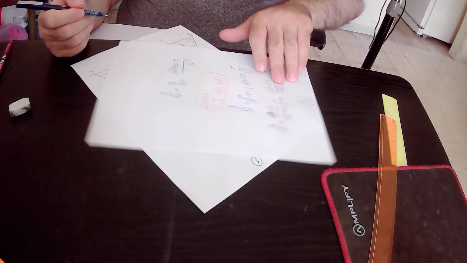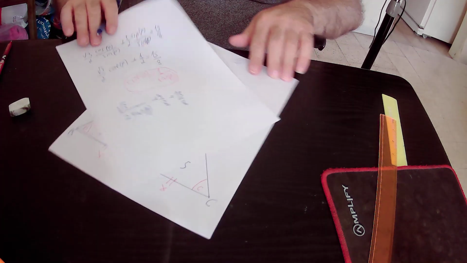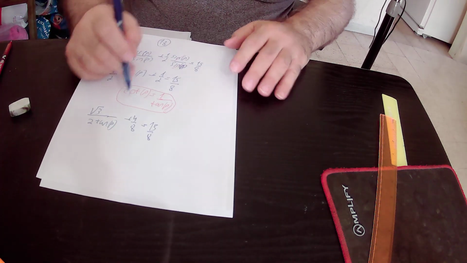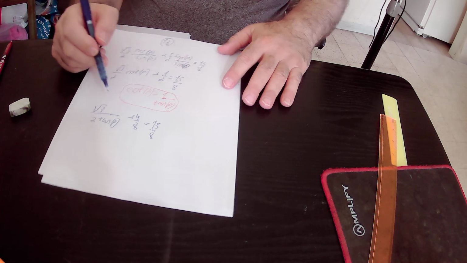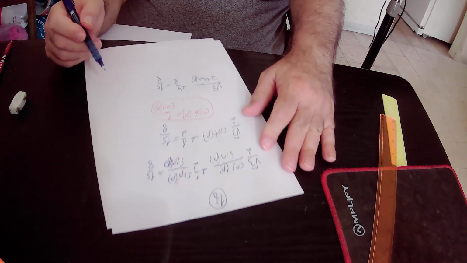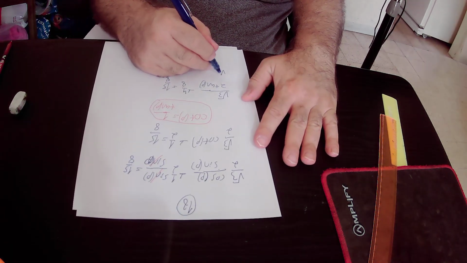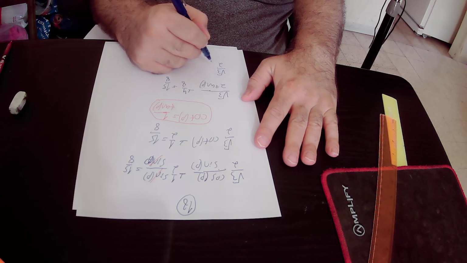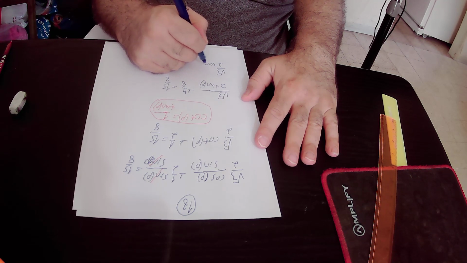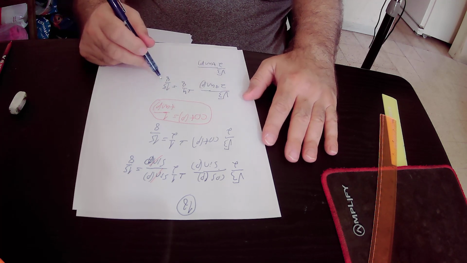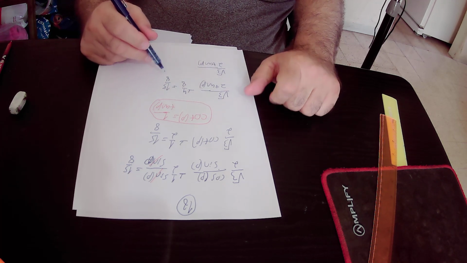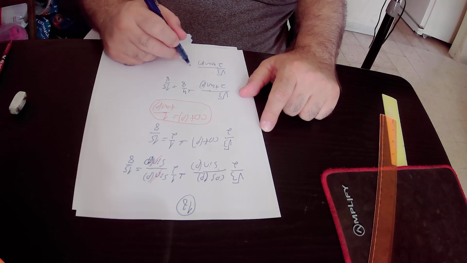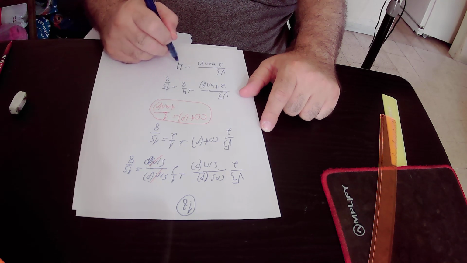Here we subtract 4 over 8 from this equality, and we get root 3 over 2 times tangent p equals 15 over 8 minus 4 over 8, which is actually 11 over 8.